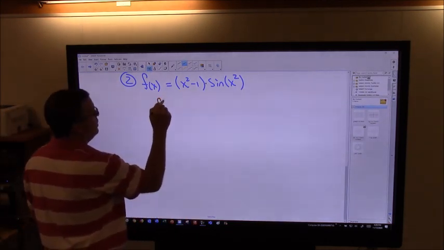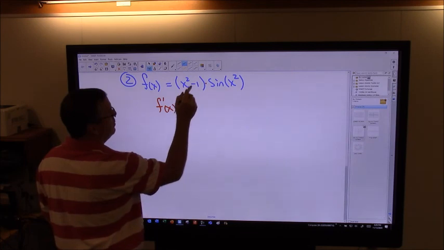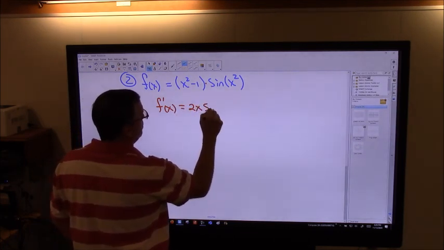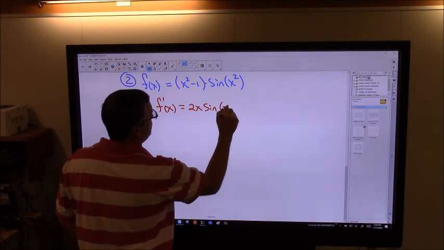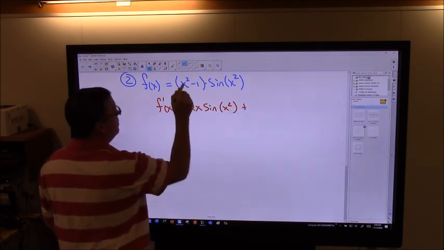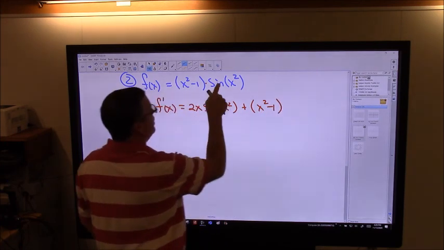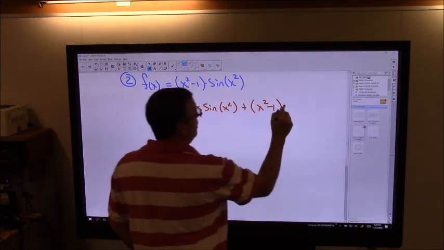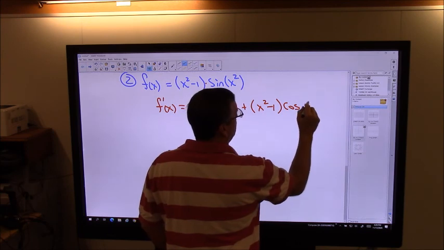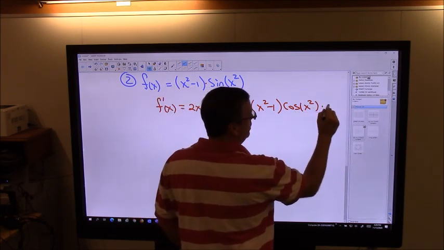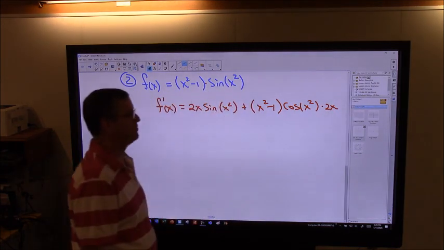And so when I do the derivative, I've got to do the derivative of the first times the second piece, plus, leave this the way it is, times the derivative of that, which would be a cosine of x squared, times the derivative of the angle, which would be 2x.